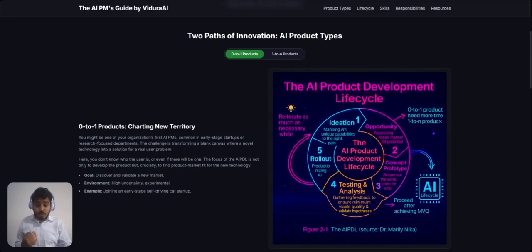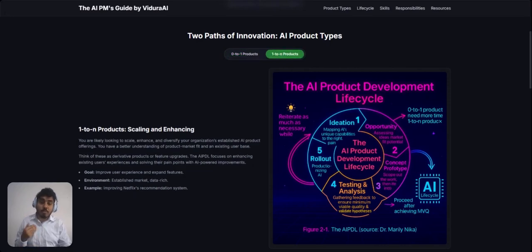If I go with the second part, the 1 to n products, it's about the challenge of managing existing resources, scaling and enhancing. You are looking to scale, enhance and diversify your organization's established AI offerings. You have a better understanding of product market fit and the existing user base.